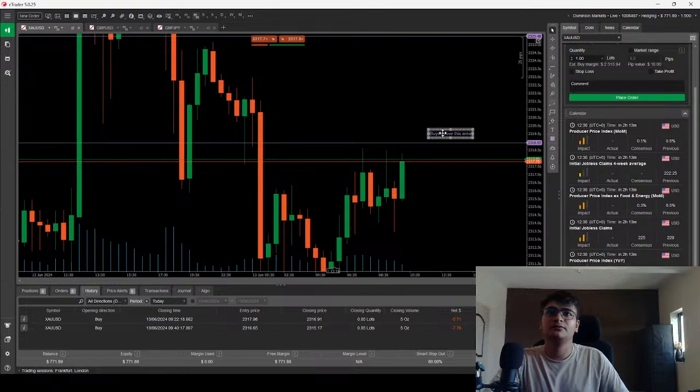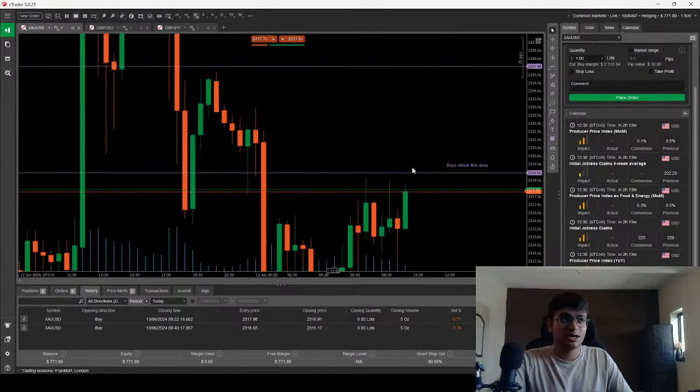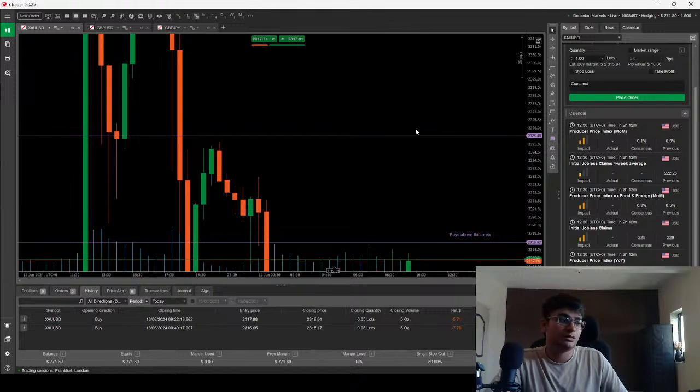So we are looking for buys above this area. If this candle does close above, or we can take an impulse entry if this candle directly shoots up, and we have more confirmation above this area to take the continuous buys.